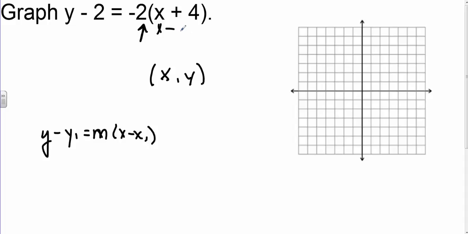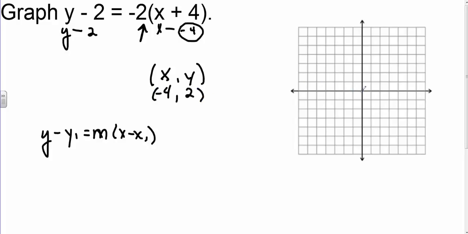Yeah, you would have to put a -4, because x minus a minus 4 gives you x plus 4. So our coordinate there is -4. And over here it's y minus, and what would I put here so that it ends up being -2? I would put a positive 2. So the point that I'm going to be starting with is (-4, 2).